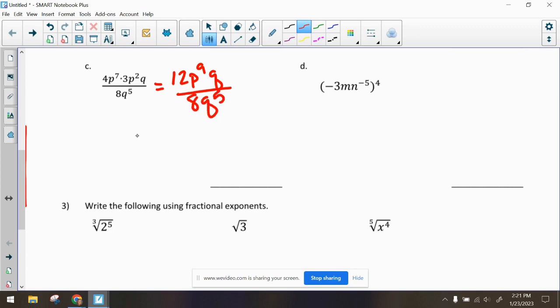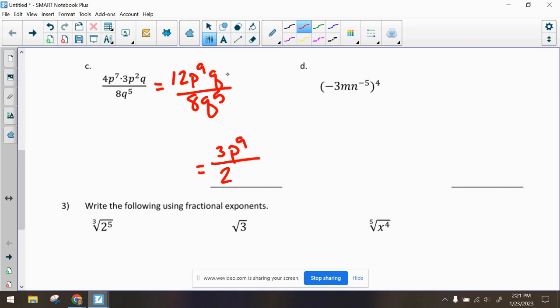I know that 12 and 8 have a 4 in common. So when I start to reduce, I'm going to get 3 on top, because 12 divided by 4 is 3, and 2 on the bottom. So 3 over 2. I don't have any other p's to simplify with, so that's going to stay on top.